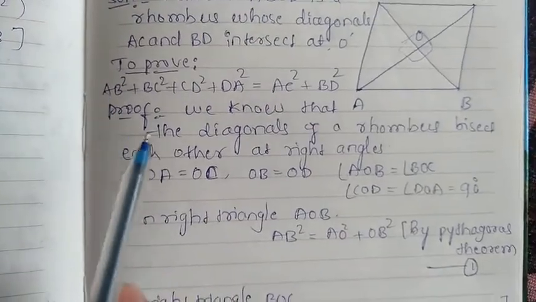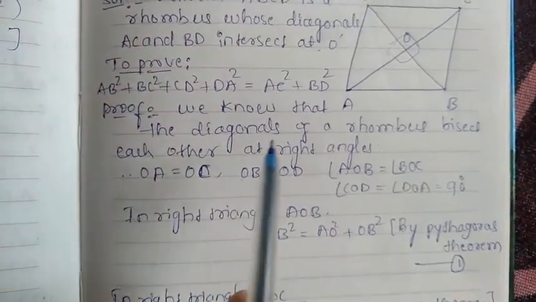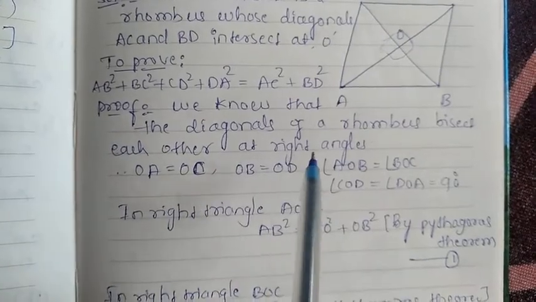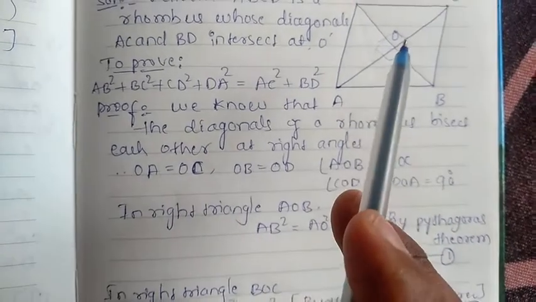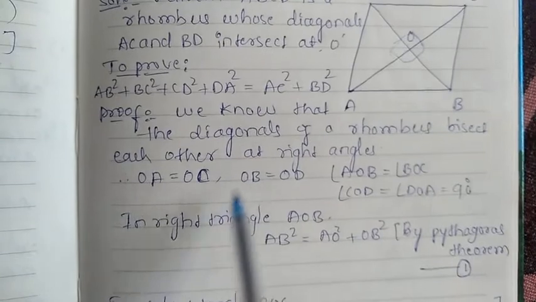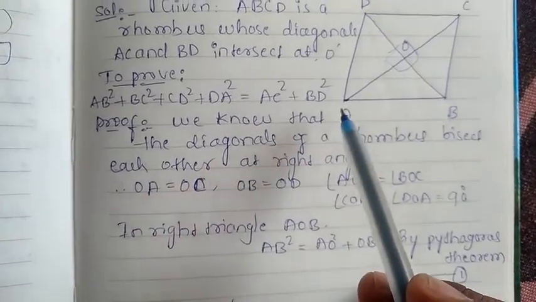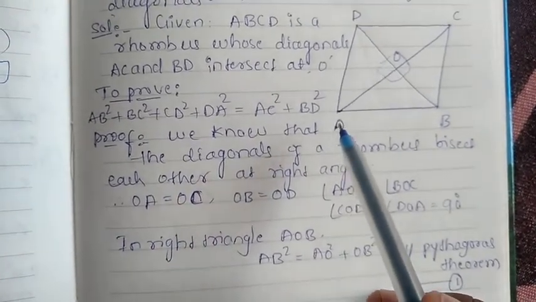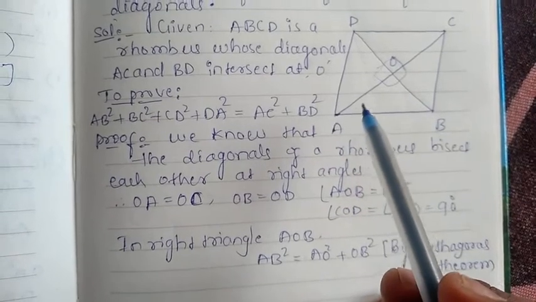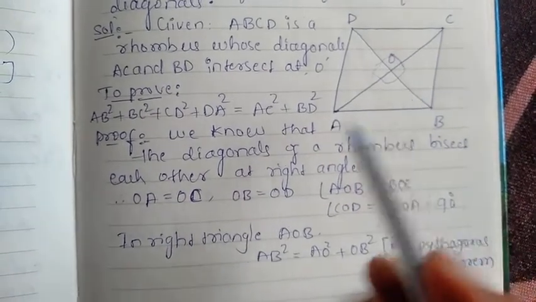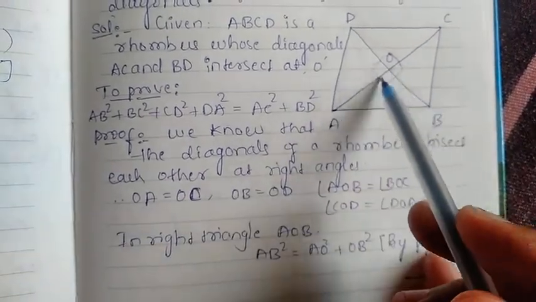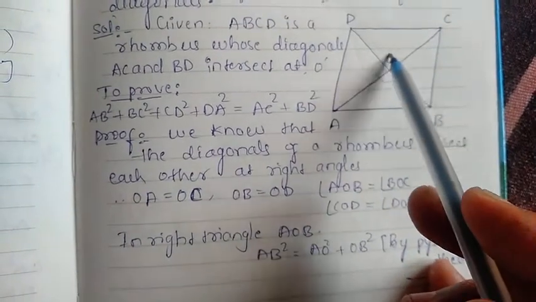We know that the diagonals of the rhombus bisect each other at right angles, that is, they are perpendicular. I told you that already. Bisect means they divide into two equal parts. So AO is equal to OC and OB is equal to OD.